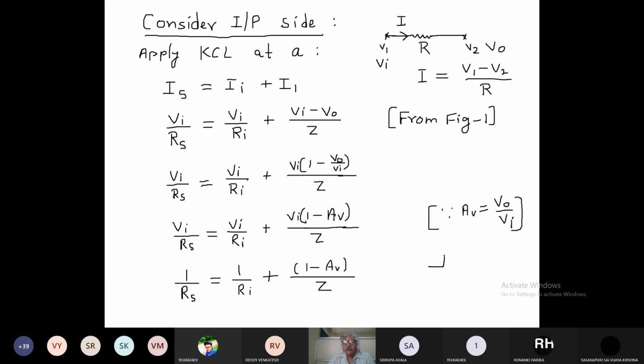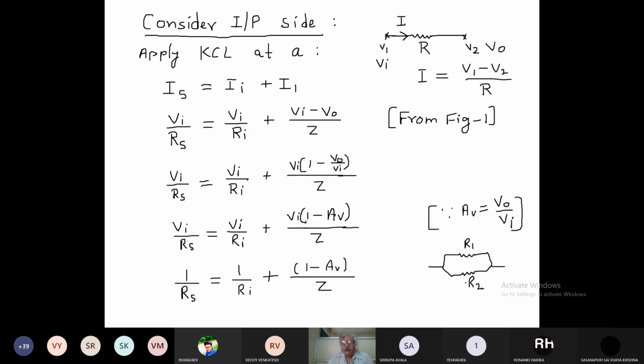Now suppose there are two resistors connected in parallel. We call these resistors R1 and R2.